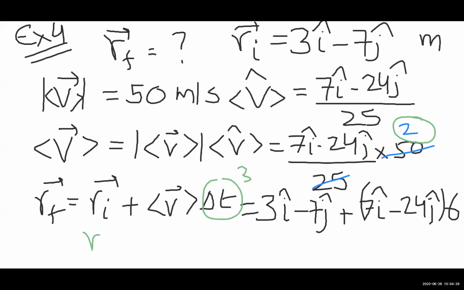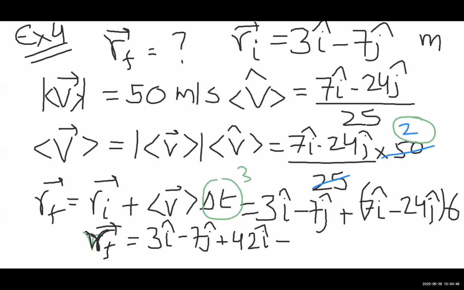Therefore, the final position vector RF will be equal to 3 I cap minus 7 j cap plus 42 I cap minus 6 4 24 144 है क्या? Okay.